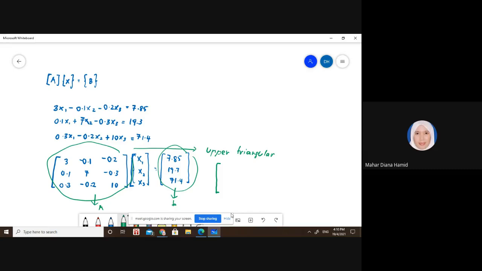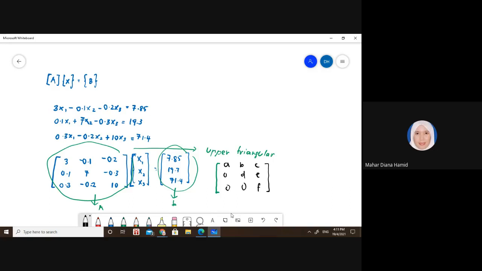For example, this is just a random number, not x, because I don't want you to confuse it, where you are going to see, for example, A, B, C, D, E, F. This becomes 0. So this would be the upper triangular matrix.